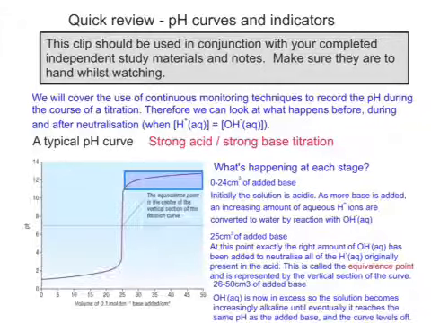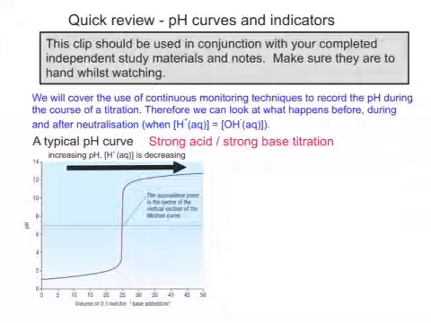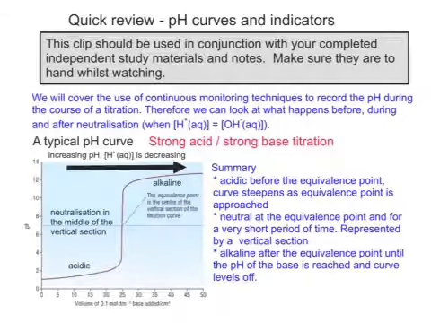So let's summarise this on the diagram. As you go from left to right, adding more and more base, obviously the pH increases and the concentration of H+ in aqueous solution is decreasing. So prior to the equivalence point the solution is acidic, but the curve steepens as the equivalence point is approached.